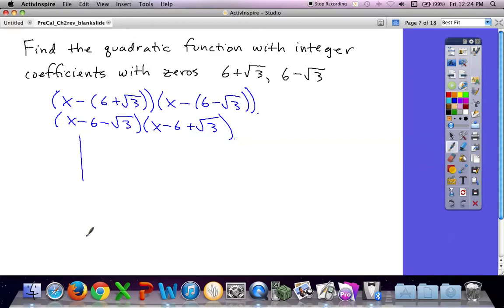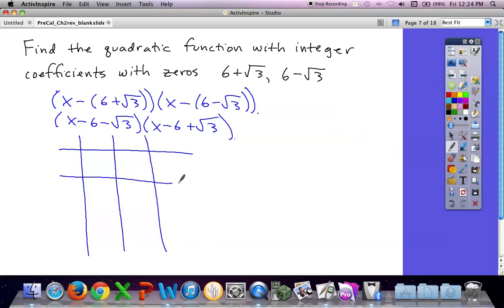Highly recommended. So x minus 6 minus the square root of 3, and x minus 6 plus the square root of 3.